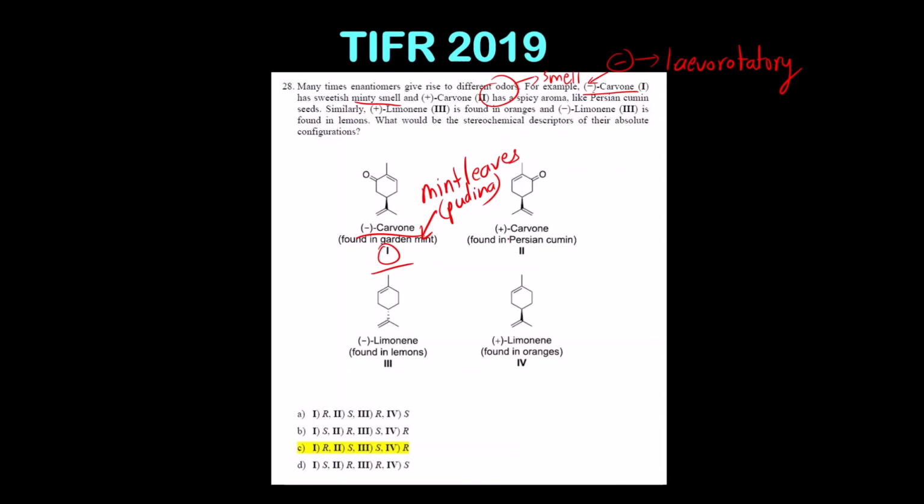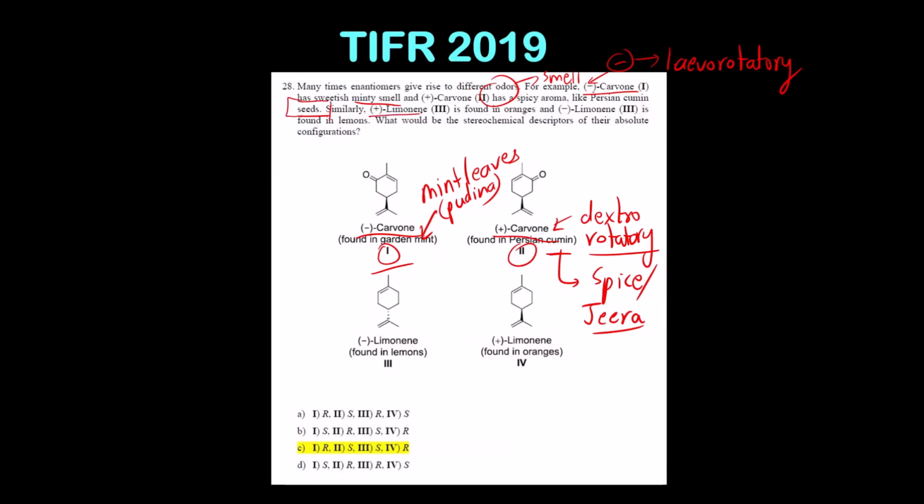Whereas the other, plus carvone or the dextrorotatory carvone, is the enantiomer of the first one, and this has a smell of cumin, Persian cumin. Cumin is a spice, in Hindi we call it jeera, the smell of the seeds of cumin.